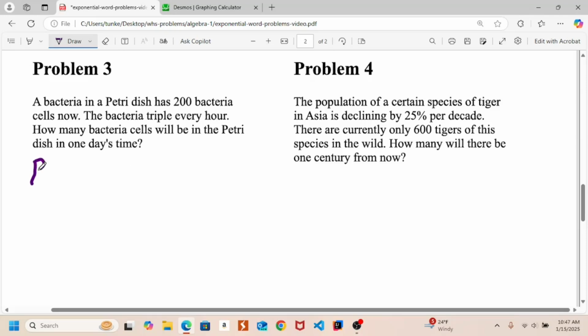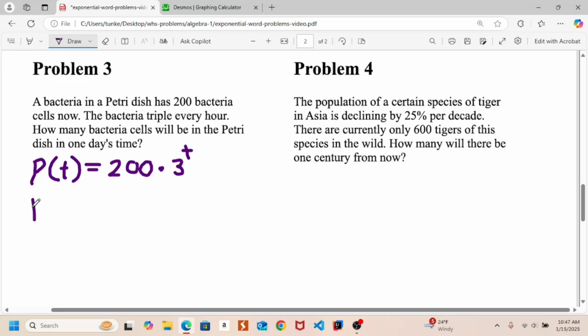So this is the population as a function of time equals the initial amount, 200. They are tripling every hour. We'll do times 3 to the t power, if t is in hours.